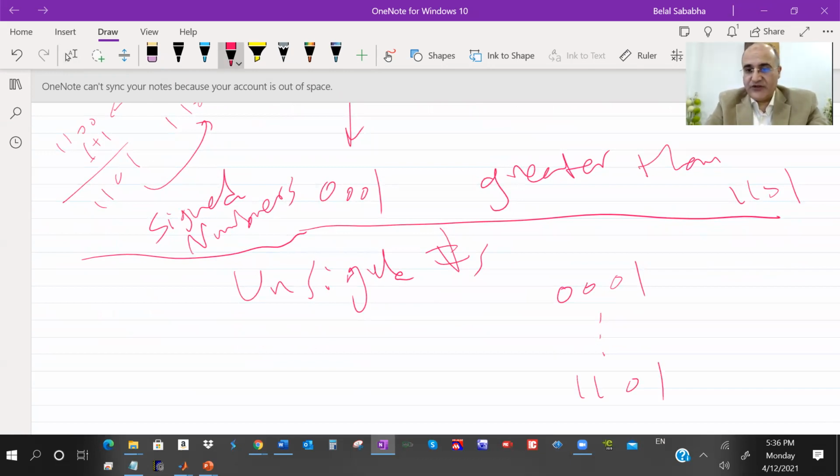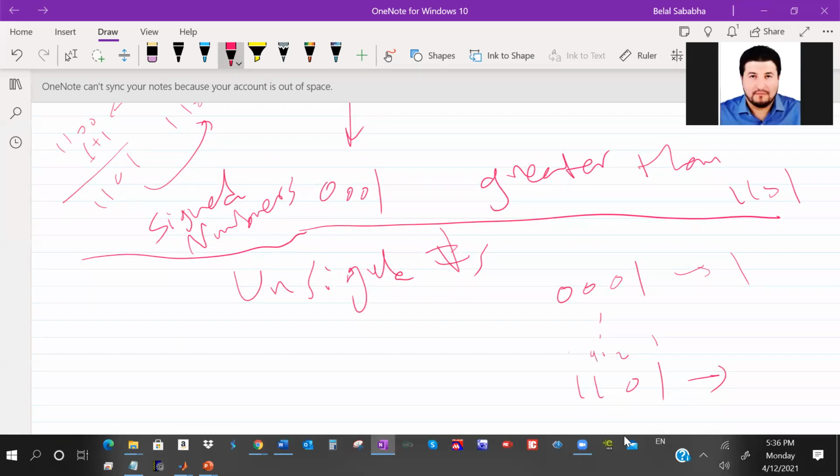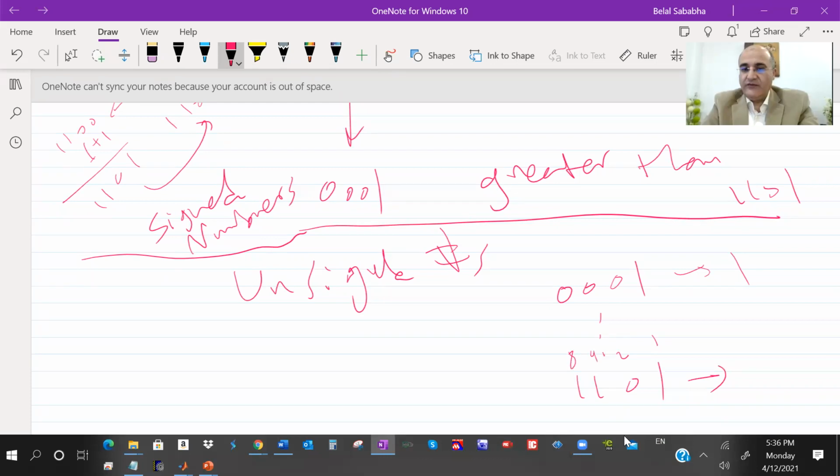In unsigned numbers, this is a 1, and this is a 1, 2, 4, 8. This is a 12. 8 plus 4 is 12, 13. Right? So 1 is lower than 13. If you count, it comes before.